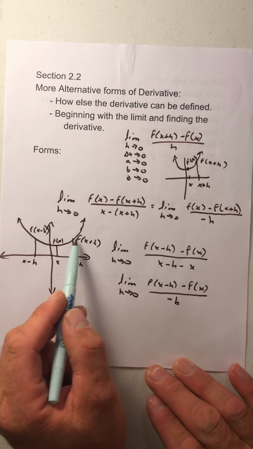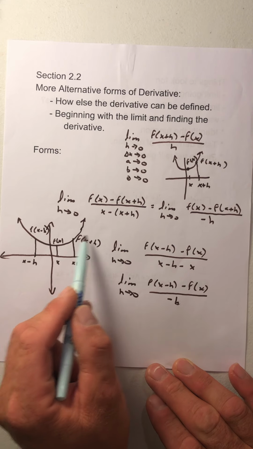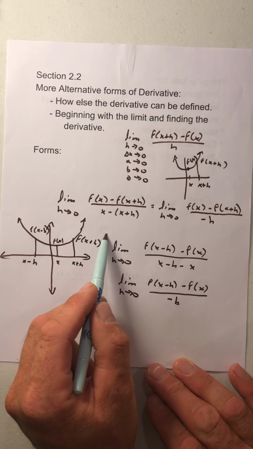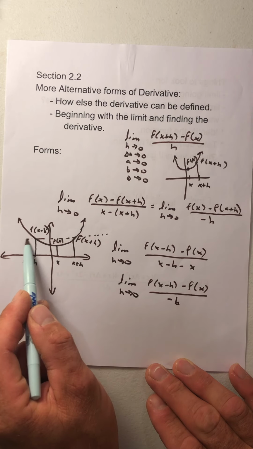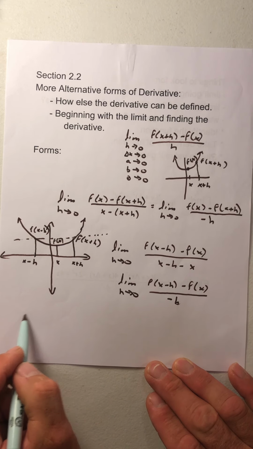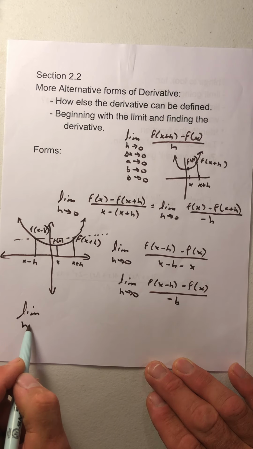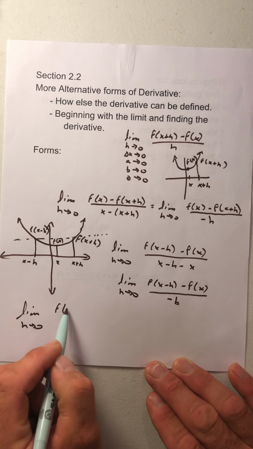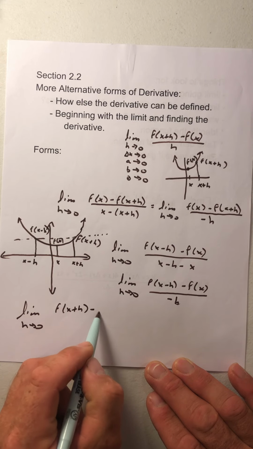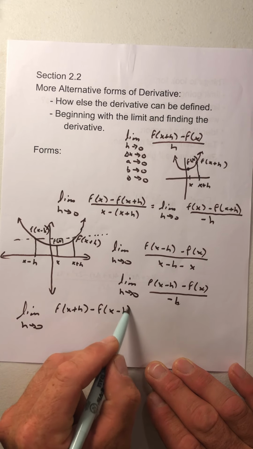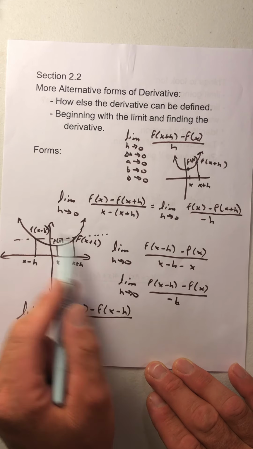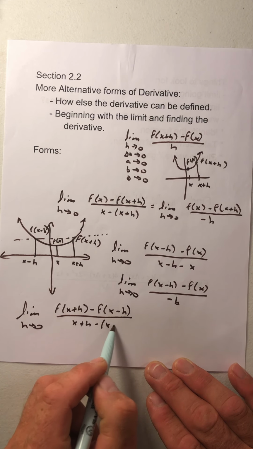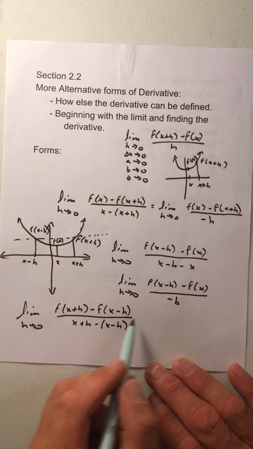With this, we could also take our secant line to go from f of x plus h to f of x minus h. So if I go through here, then that limit would be h still going to 0, that distance, but we would take f of x plus h minus f of x minus h, that would be my two y values, divided by x plus h minus x minus h.